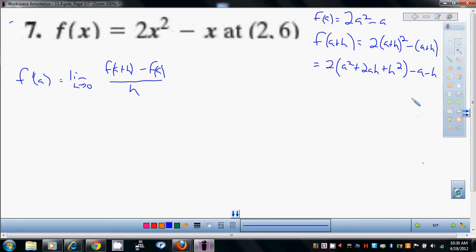That's why it's minus a minus h. So that'll become 2a squared plus 4ah plus 2h squared minus a minus h. And you can't go any further. I just multiply, yeah, that's all. And as soon as I give you all a chance to look that over and ask your questions, we'll start plugging stuff into the formula.